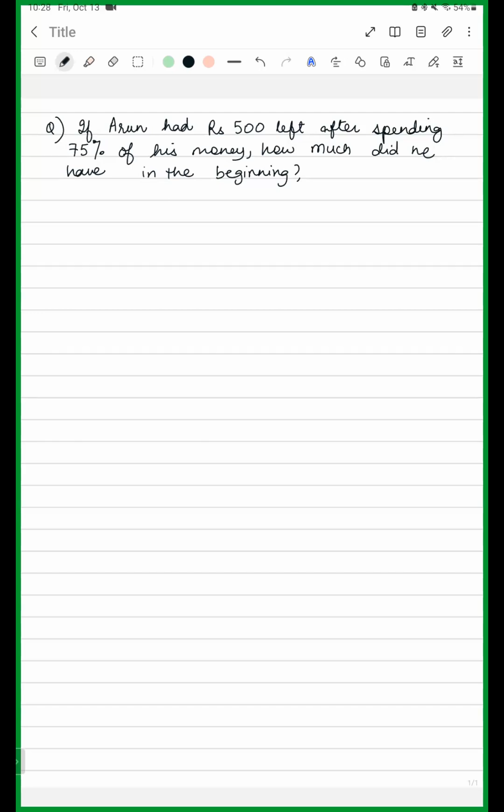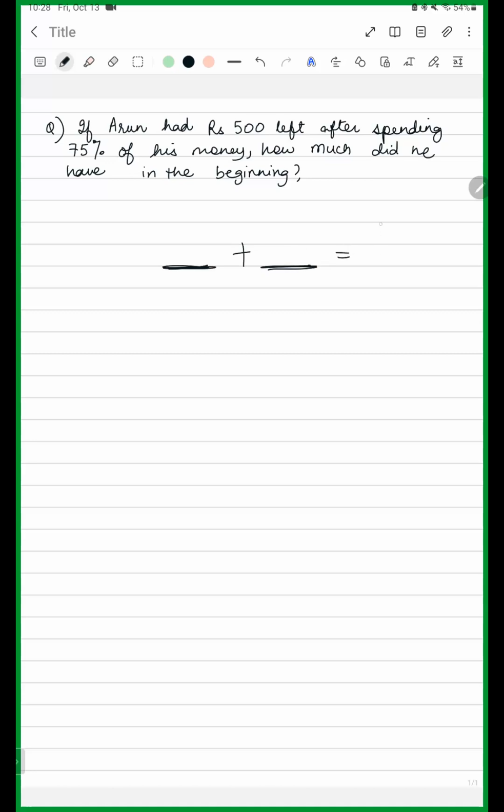The additive inverse of 1 is minus 1, because 1 minus 1 is 0, right? They are asking you what is the number whose additive inverse is the number itself.